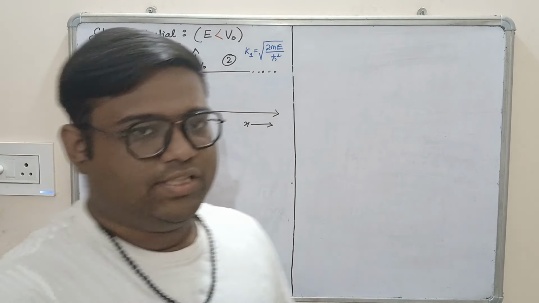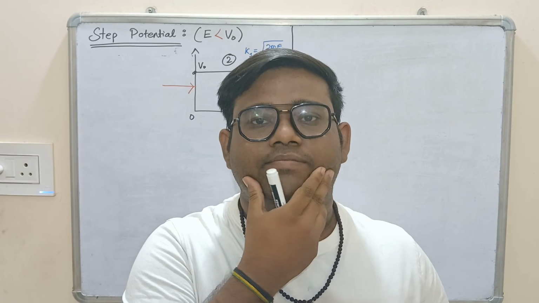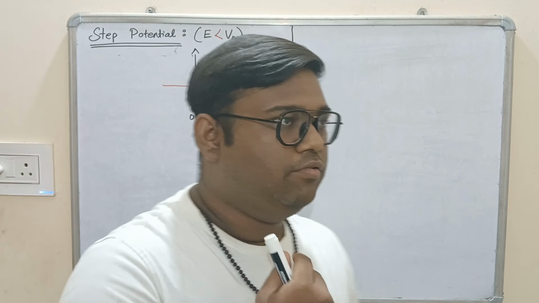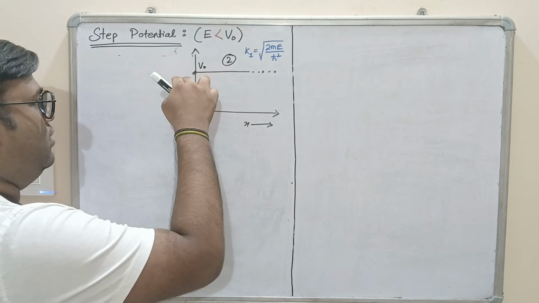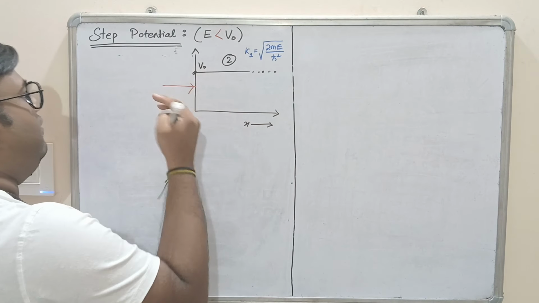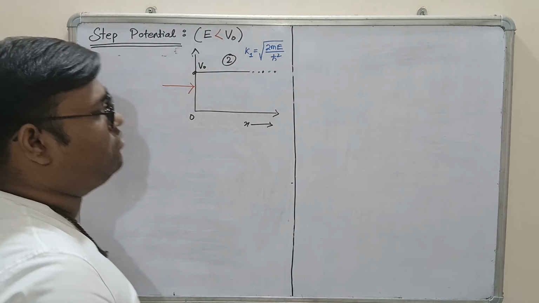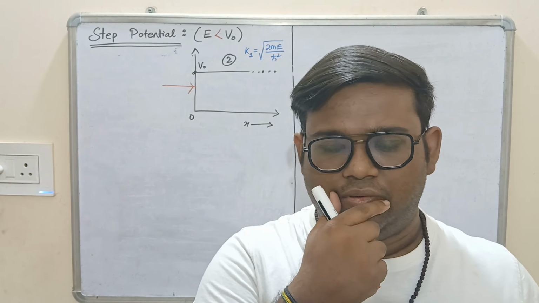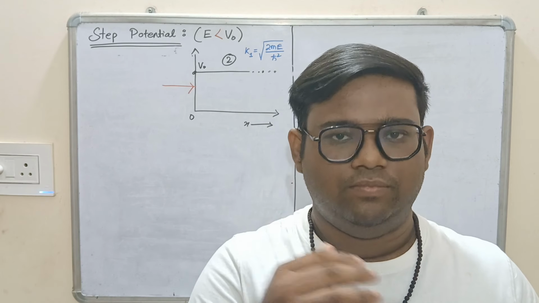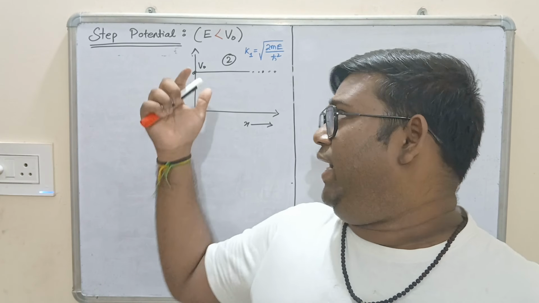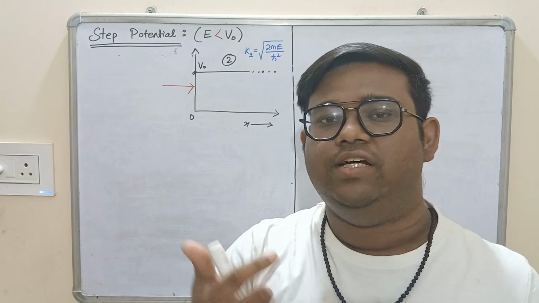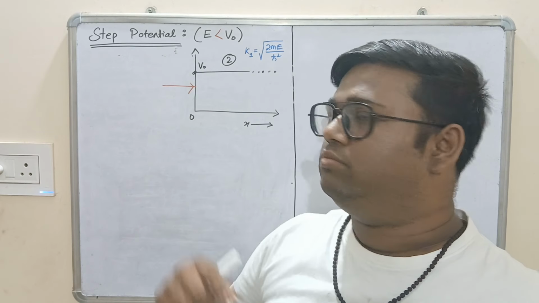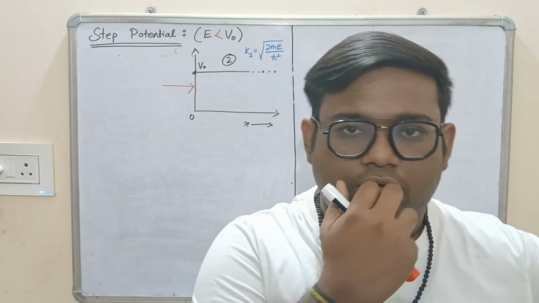Now, what does our classical understanding say? It will tell you that the particle will come here and it will reflect from here, and nothing will get transmitted, and that's the end of the thing, because the energy of the wave is less now. How can it go through? It cannot. All right.